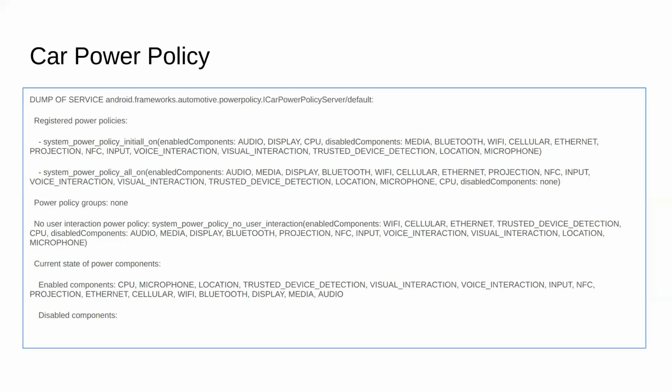Okay, and Android allows us to define a lot of various power policies and transitions, and what they call the power policy groups, to set what is on and what is off, and all this can be defined by the OEM in an XML called powerpolicy.xml.